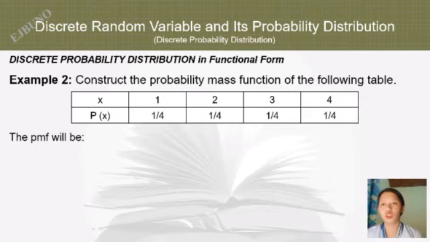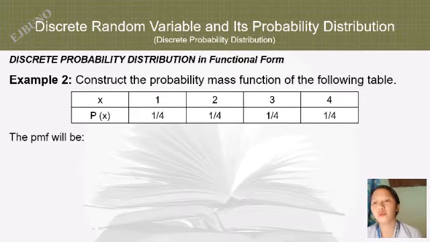Example number 2. Construct the probability mass function of the following table. X is equals to 1, 2, 3, and 4. And the probability here is all 1/4.